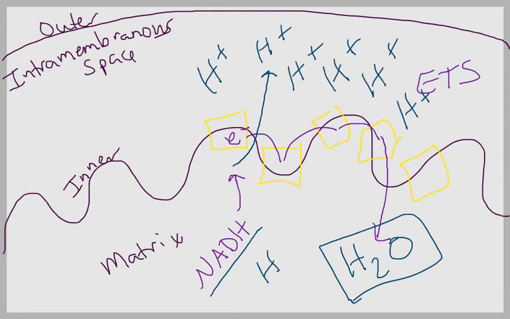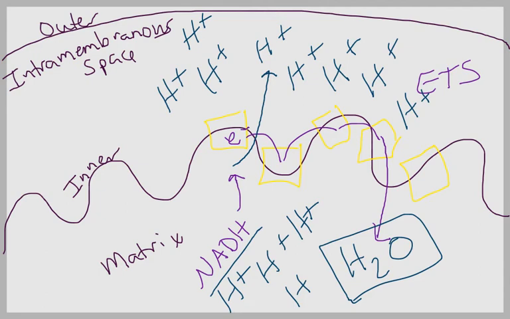And there's a lower concentration of hydrogen in the matrix. Well, we start to build up a concentration gradient. Hydrogen is going to have a tendency to want to diffuse across into the matrix.